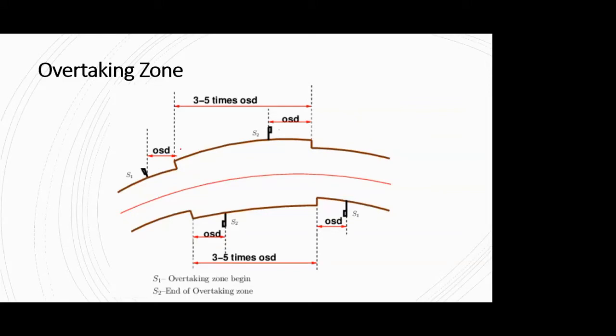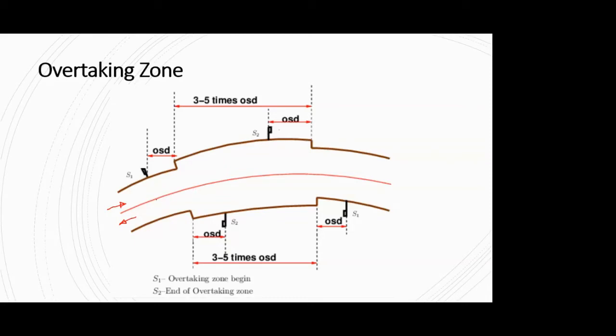And if you draw a pictorial representation of this overtaking zone, it will look something like this. Now here I have shown a curved road. It may not be curved, it may be a straight road without any change in horizontal alignment. But what you have to see is this is the main carriageway. This is a typical configuration for a two-way road. It's an undivided road.